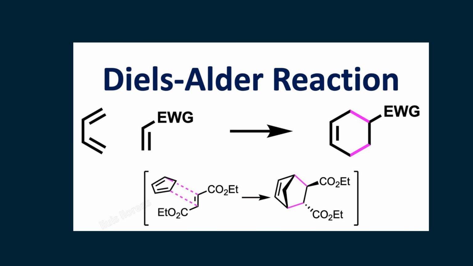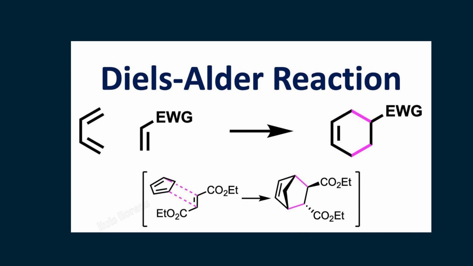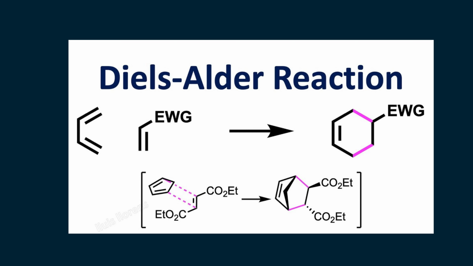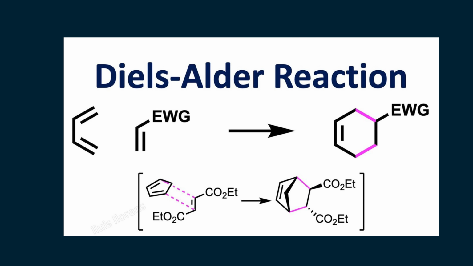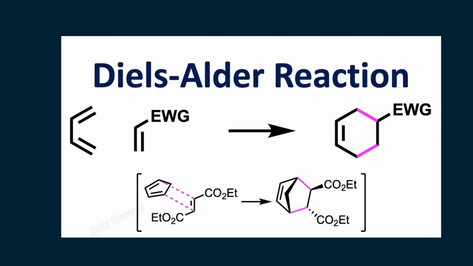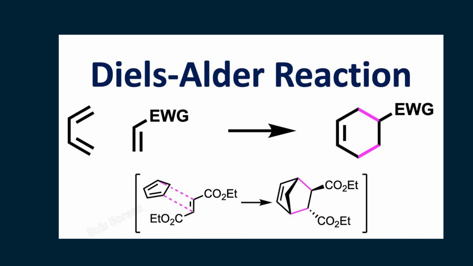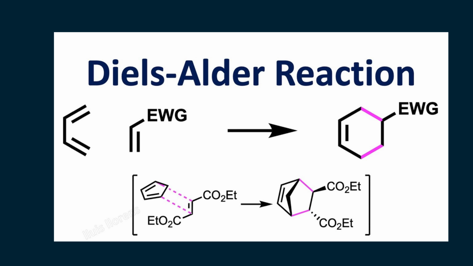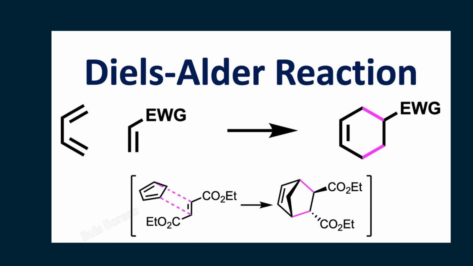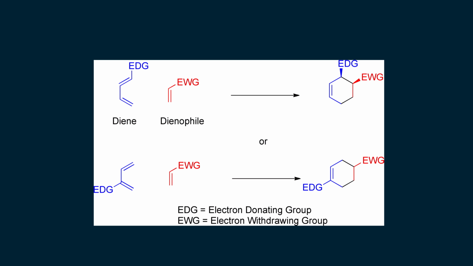Mechanism of Diels-Alder reaction. The Diels-Alder reaction is a two-component reaction: a 4-electron component, the conjugated diene, and a 2-electron component, the dienophile, often an alkene or alkyne. It is a concerted reaction, happens in a single step, involving a cyclic transition state.